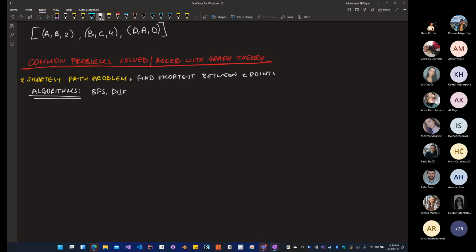Dijkstra we're also going to cover this semester. A star is not going to be covered, but it's heavily used in games. So if you see an enemy or a game object going from one point to another, navigating a map on its own, it's utilizing A star or one of its variations. Bellman.